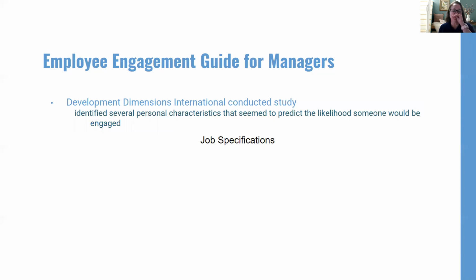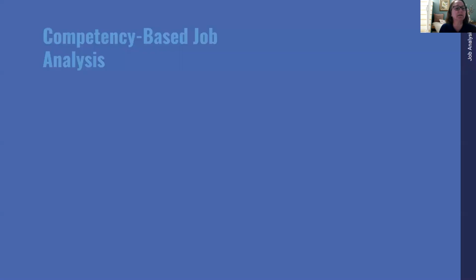They identified several personal characteristics that seem to lead to people being more engaged at work. And they came up with adaptability, passion for work, emotional maturity, positive disposition, self-advocacy, and achievement orientation. And so then you can give people a test and try to match people and gauge that.